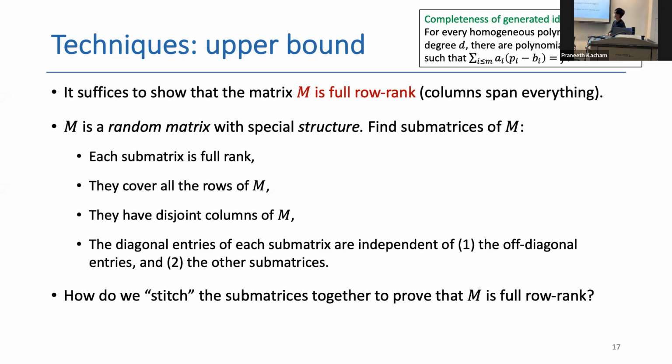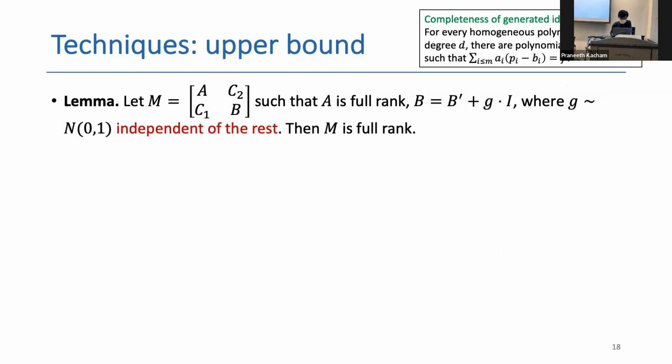So the idea is to extract these submatrices from the matrix M and somehow stitch these submatrices together to prove that M is full rank. This is a little bit vague for now, but hopefully the next slide will clear things up. Okay. So this is the main lemma that stitches matrices together.